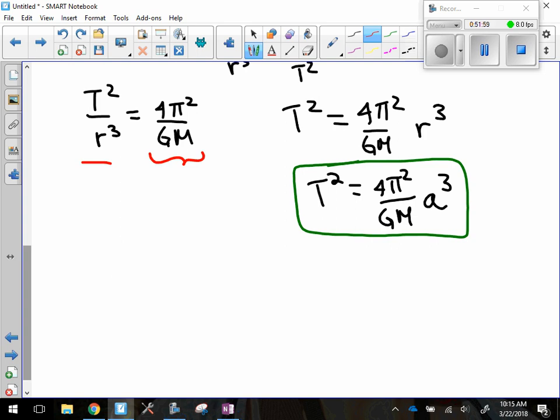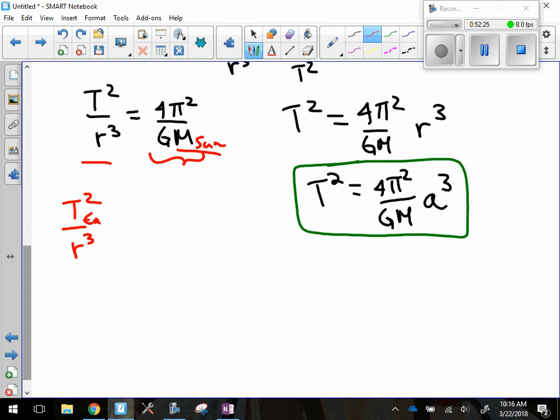And M, in this case, we could say, would be the mass of the sun. Which means that T squared over R cubed is equal to the same thing for every object that orbits our sun.